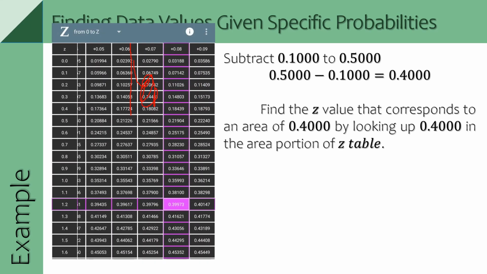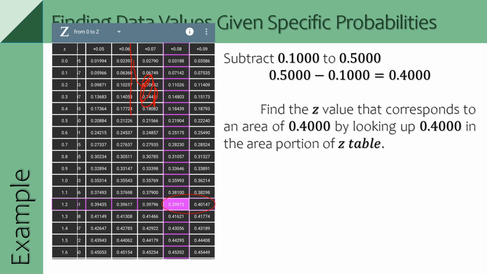Okay, so this is our z table. Okay, so as we can see, we have the closest numbers which are close to 0.4: 0.39973 and then 0.4147.